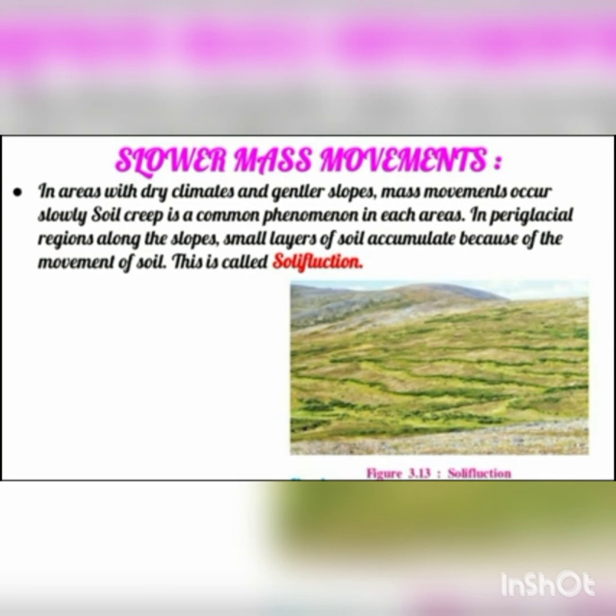This is called solifluction, as shown in the image. So that is the slower mass movement.